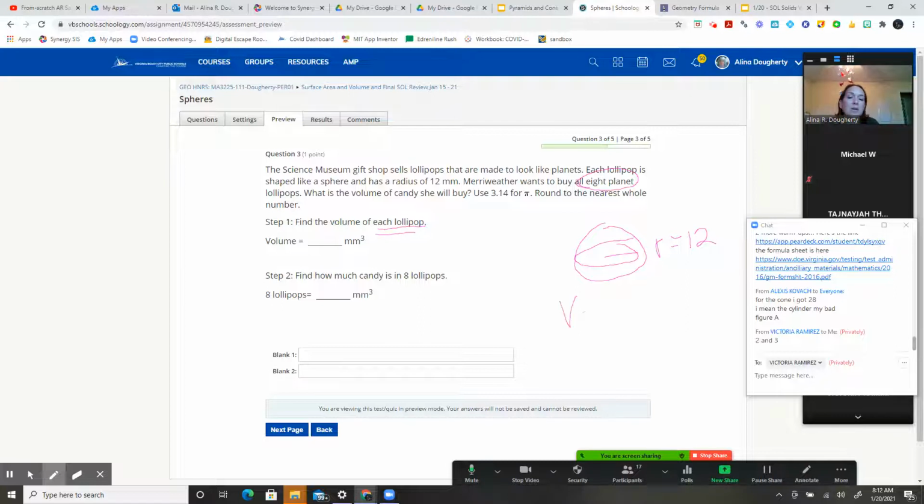So volume equals 4/3 pi and then r cubed, because volume is cubed, right? So if I go to my calculator, 4 divided by 3 times 3.14 times 12 cubed, I got 7,234.56. Did anybody get that?